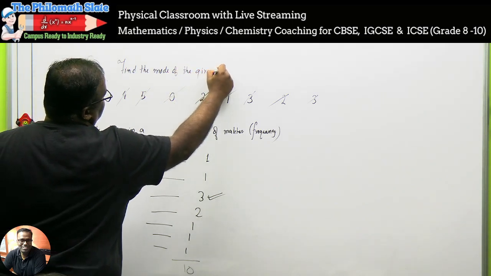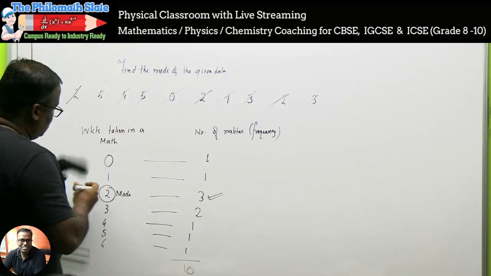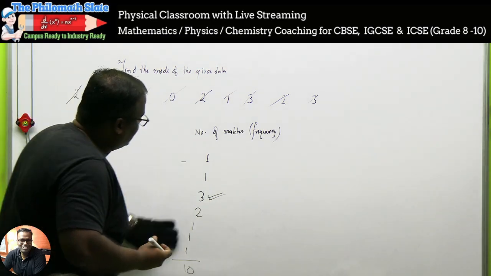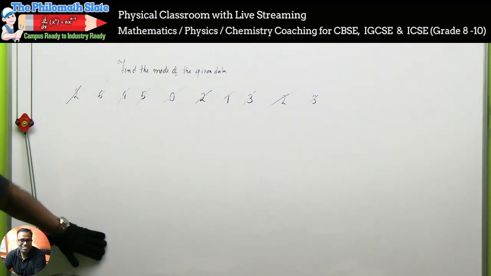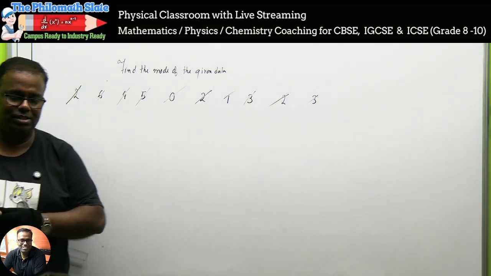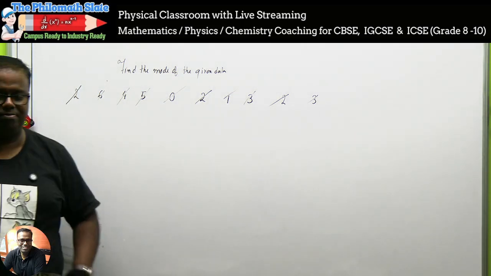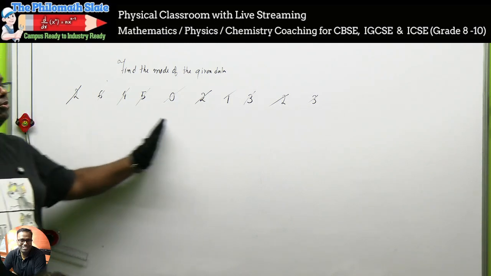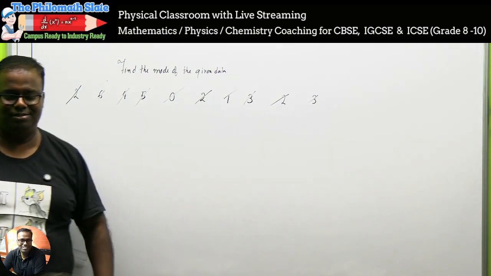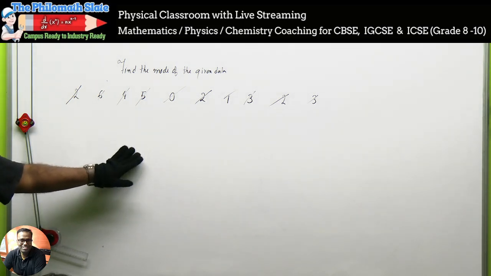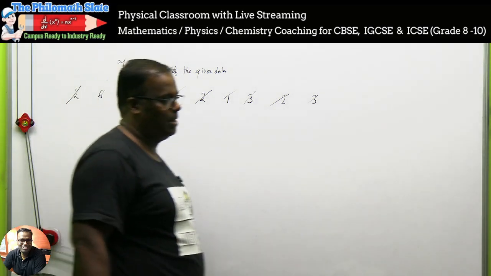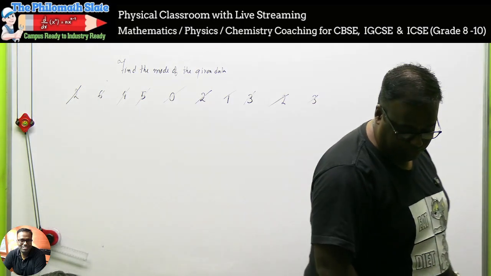Don't bring all these wickets into your mind. Now go back to your definition. What did I write? Mode is the data which is repeating the most. Understood?